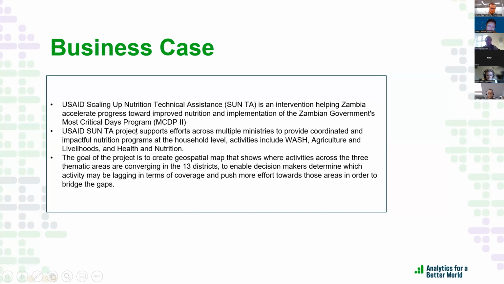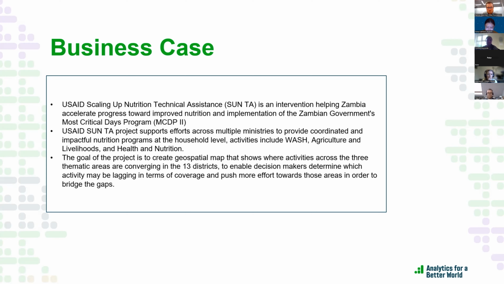So our project supports efforts across multiple ministries to provide coordinated and impactful nutrition programs at household level. Some of the activities that we are supporting the government with include WASH, agriculture and livelihoods, and health and nutrition.